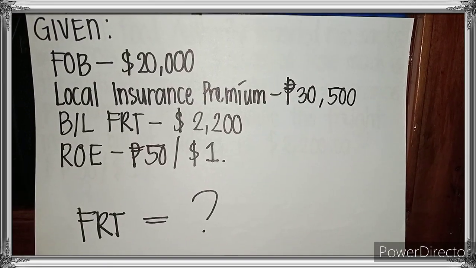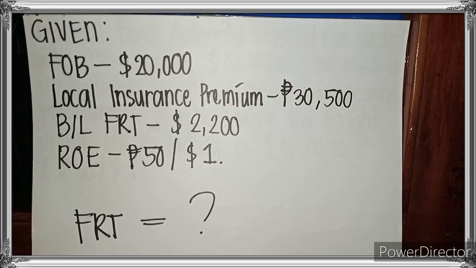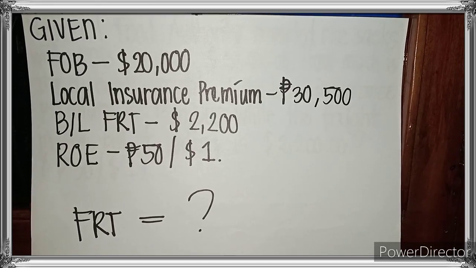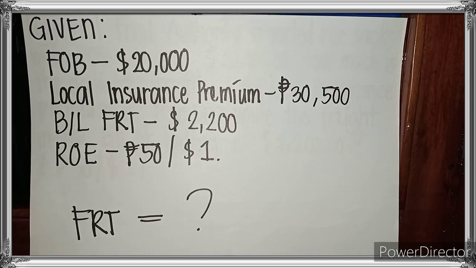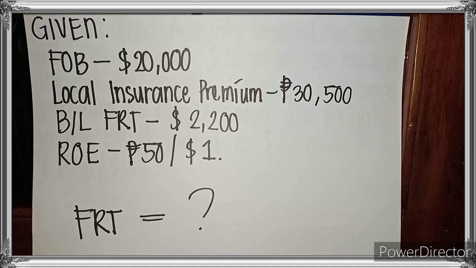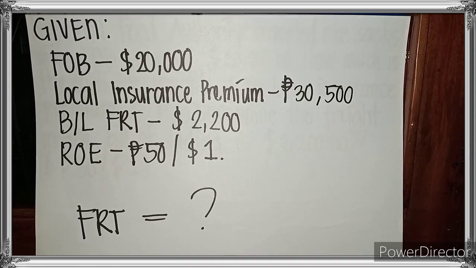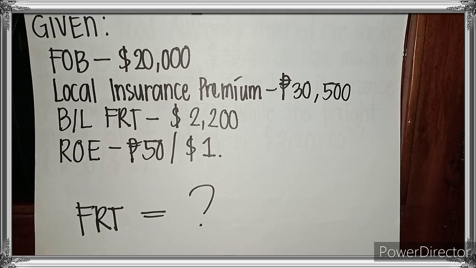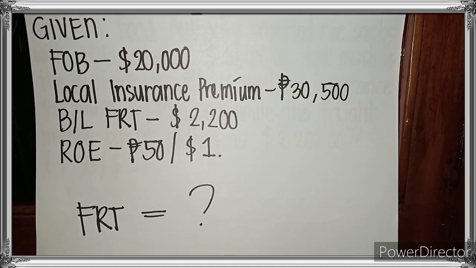So we have the givens: an FOB value of $20,000, a local insurance premium of 30,500 pesos, a bill of lading freight of $2,200, and a rate of exchange of 50 pesos per $1. What we have to find out is the freight.